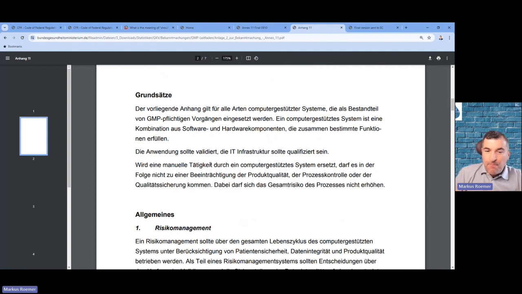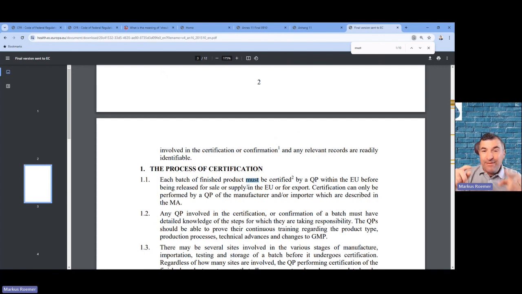The application must be validated. You will definitely also find the must in European regulations, like here in Annex 16, just as an example. 1.1, each batch of finished product must be certified by a QP. So the should is not strong enough, and there's no other way around that. You could maybe think about it, but there's no other way around that.